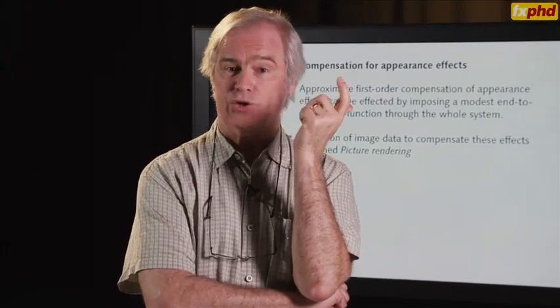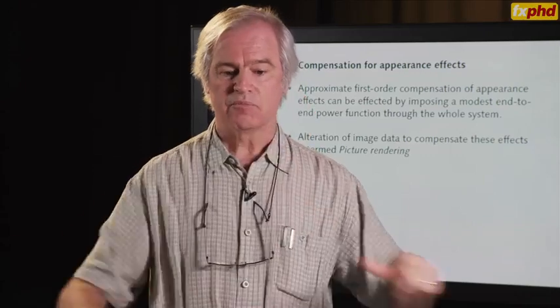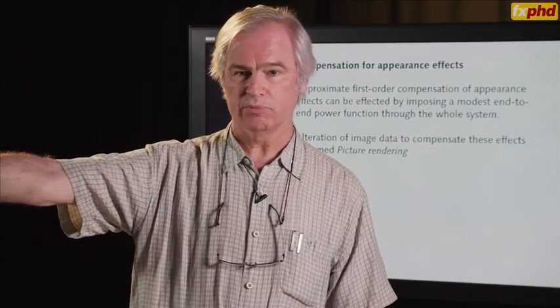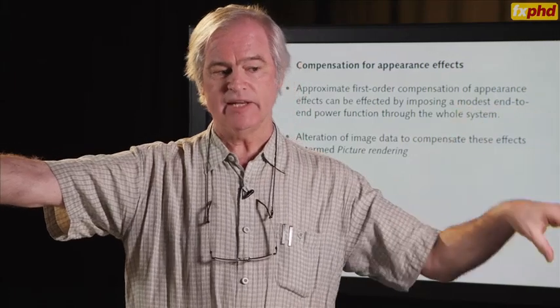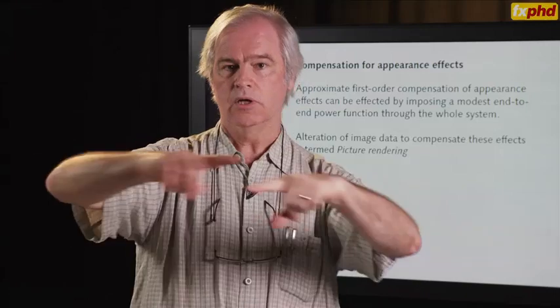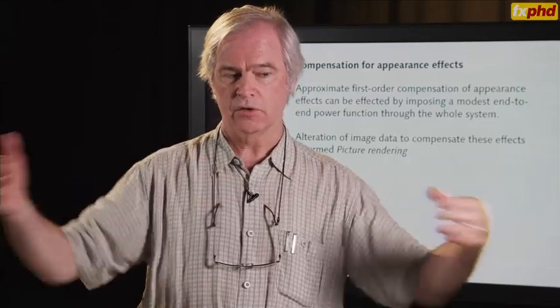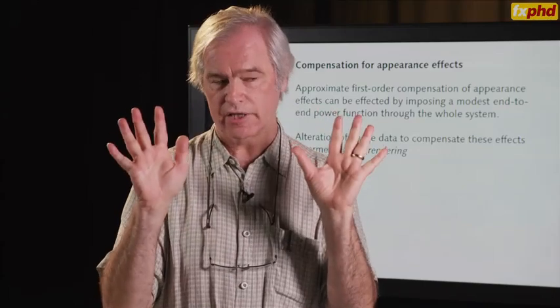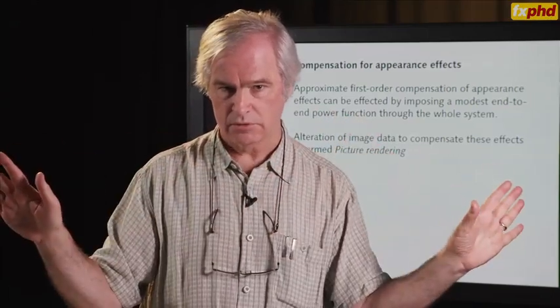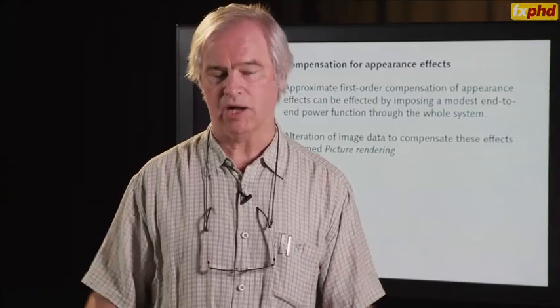And if you think in your head that a video camera does 1 over 2.2, a video display does 2.2, the system's linear end-to-end, we're engineers, we like linear end-to-end, we're done. That's one way to approach this problem.